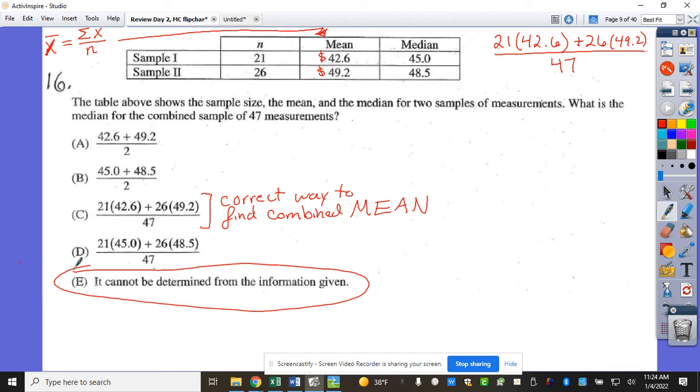When is the only way it would be okay to go through the process of A to find our new combined mean? Why can we not just do A with this one?